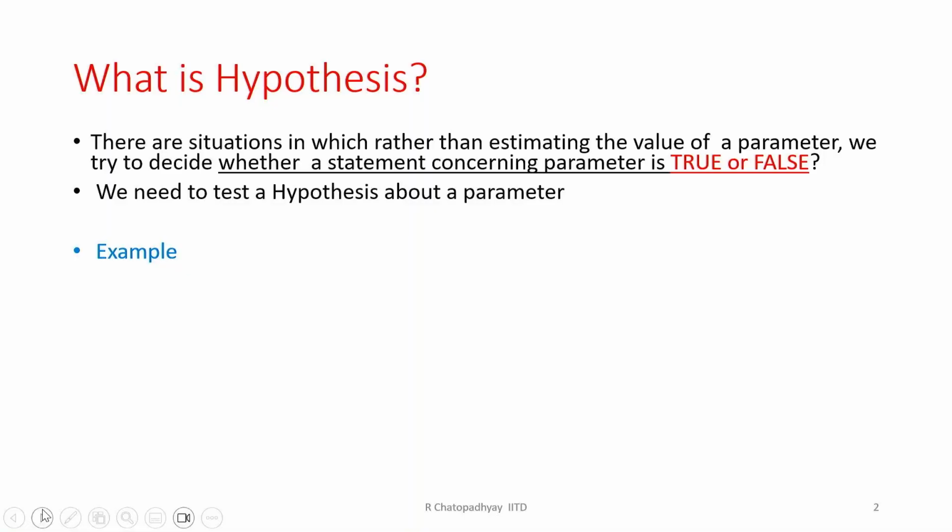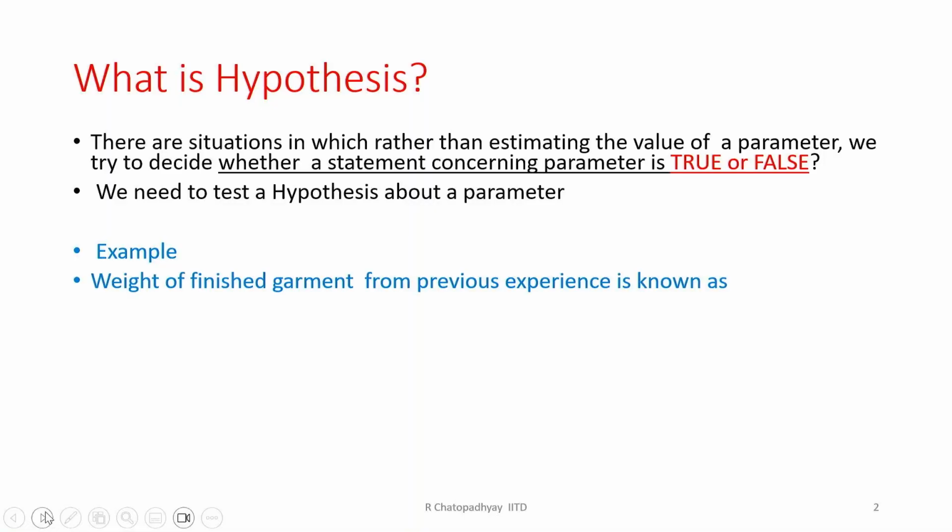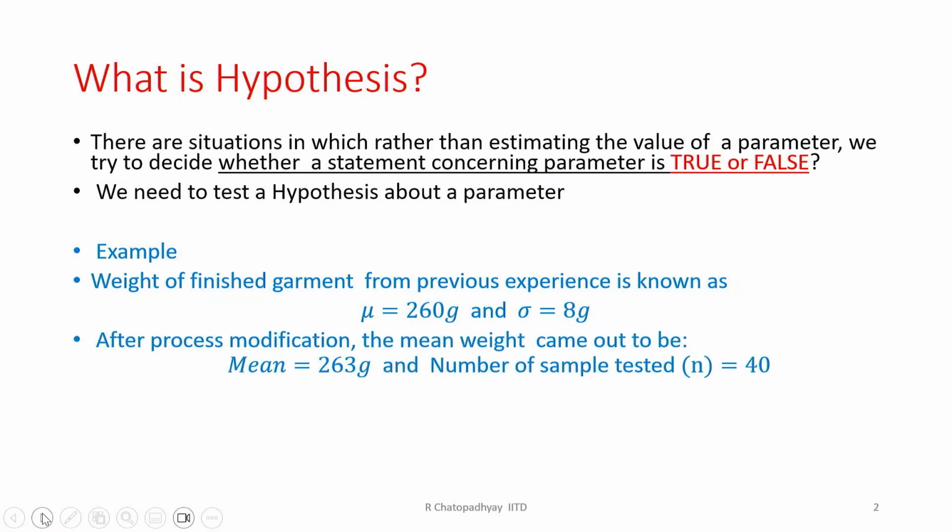Let us take an example. Let us say the weight of a finished garment from a previous experience is known to us, and the values are: the mean is 260 gram and the standard deviation is 8 gram. So some kind of finished garment, maybe a t-shirt, whose mean weight is known and standard deviation is known to us. Now we make some process modifications.